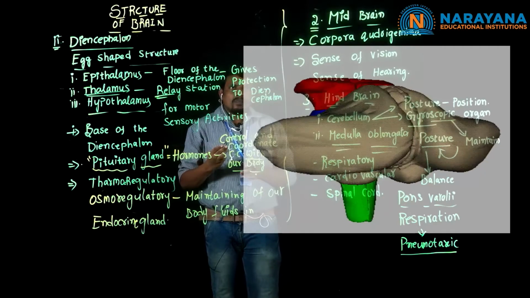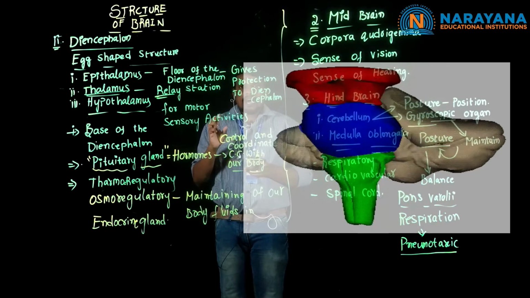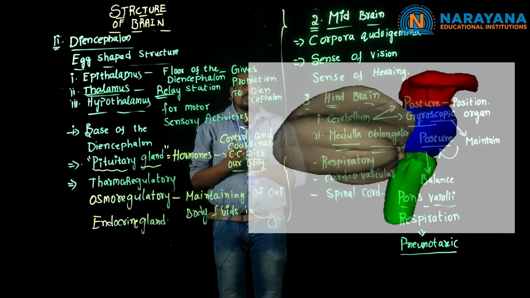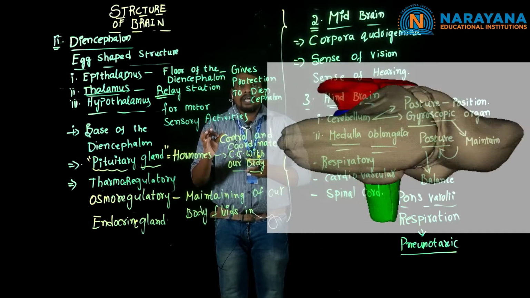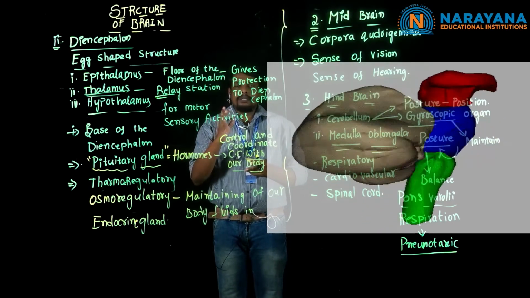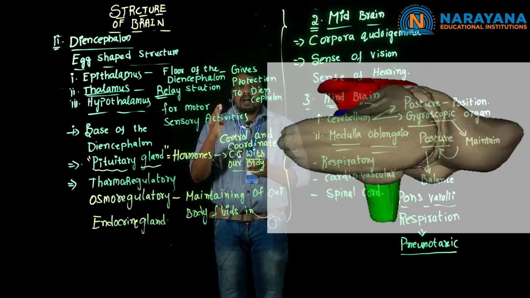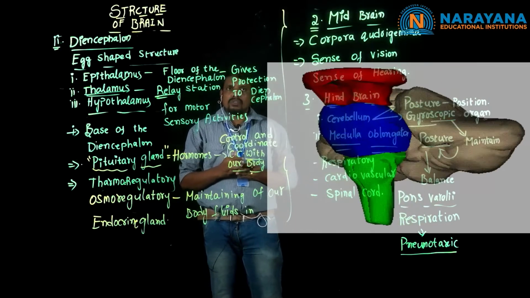Second question: what is the fluid that flows between the arachnoid matter and pia matter? And third question: what is the role of pons varolai in the hindbrain? Clear? Try to keep answers for these three questions. Definitely I will ask each and every one of you tomorrow.